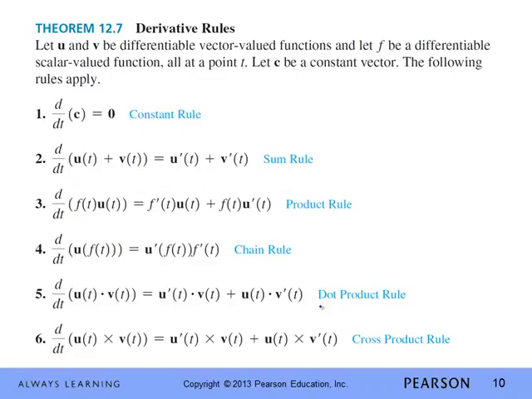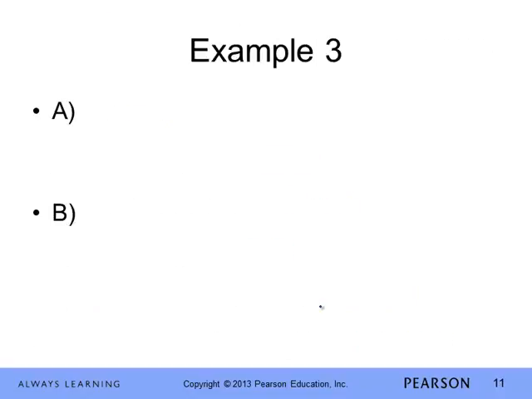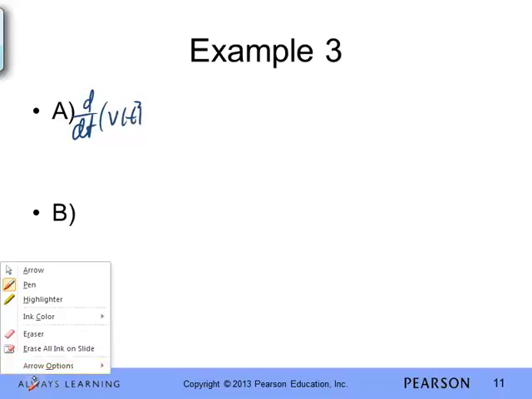Okay, good. Well, moving on here. Let's do another example. Number 3. So we've got a vector u, a vector v, and we'll just do one of these, and you could do the others. For part A, they want us to calculate the derivative of v of t squared.